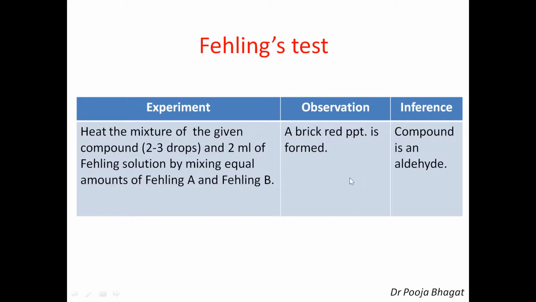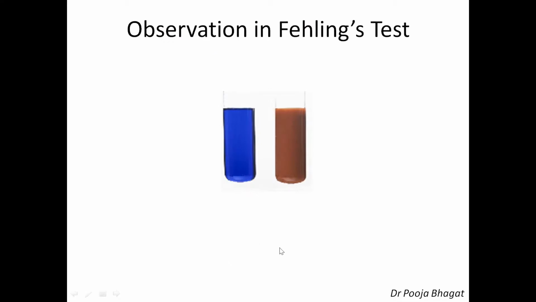Again, note that this is given only by aliphatic aldehydes and not by aromatic aldehydes. This is the observation. As you can see here, this is the brick red precipitate and this is the blue color of the copper ion. So this is the positive test.